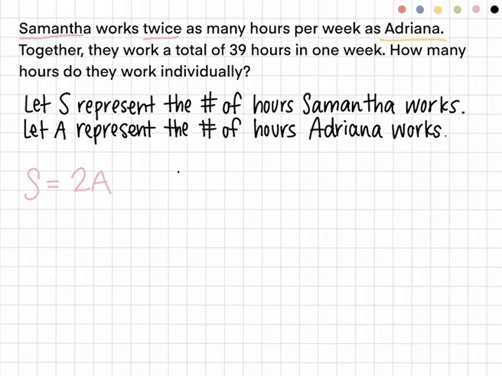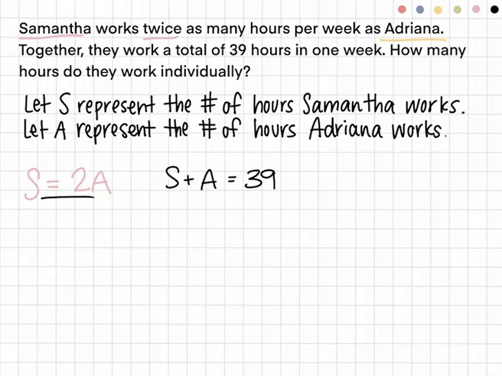So that means the two of them work a total of 39 hours. Is anything jumping out at you here? Because you should be able to see that we have a value for S. S equals 2A. And we can use that information to solve this word problem.